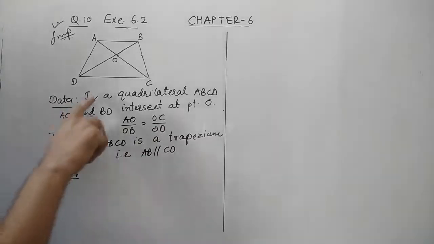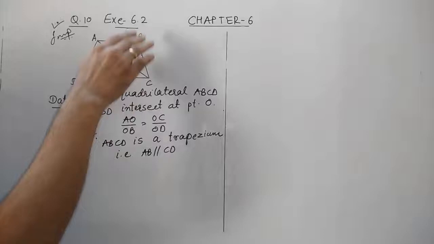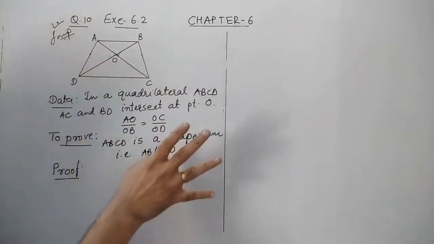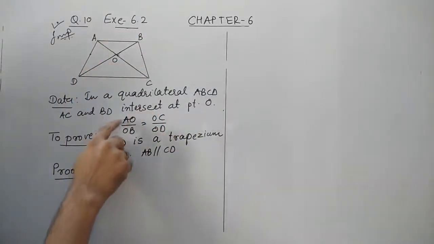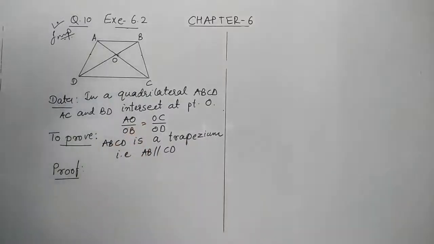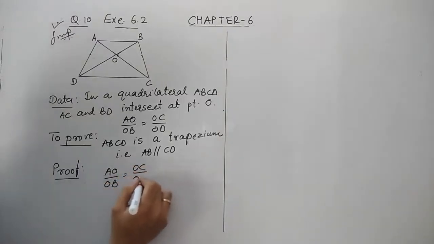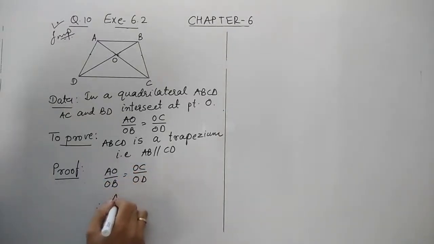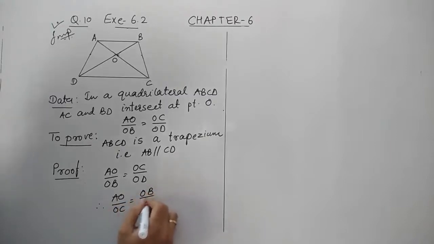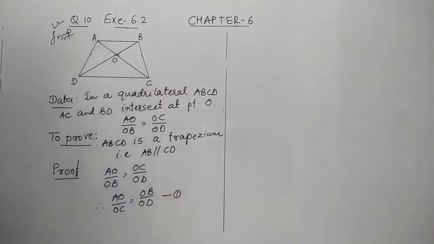So ABCD is a quadrilateral given where diagonals intersect at O, and this is given: AO upon OB is OC upon OD. So we can write that AO upon OC is same as OB upon OD. Why I have done this, we'll see in the further steps.